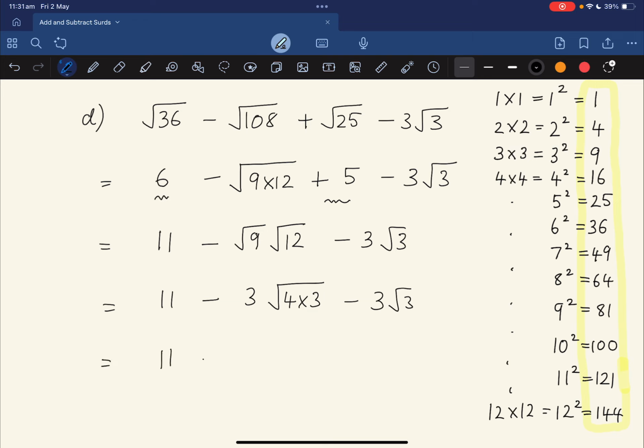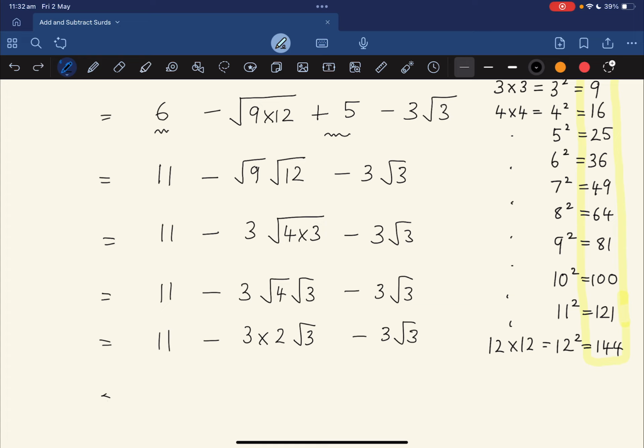And let's write it simpler. You don't have to separate out the square root signs every time. Once you start getting faster at it, you don't have to do that. And then root 4 is 2. And I can see some like surds in here.